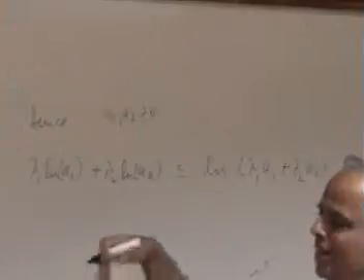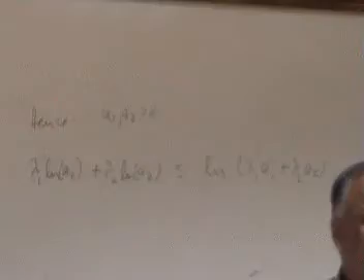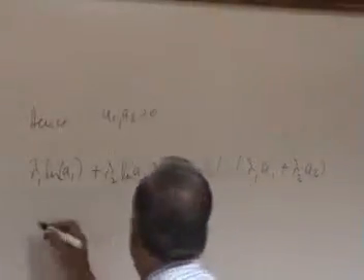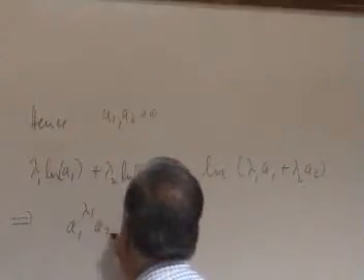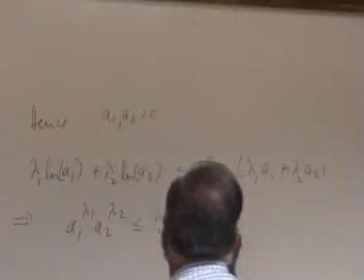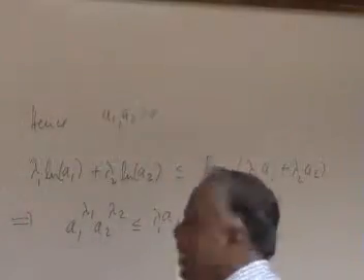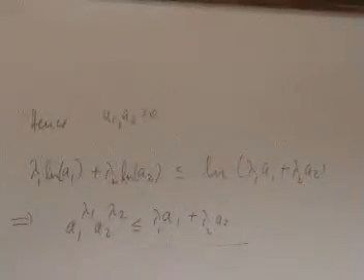Because I don't worry about the equal to 0 case, as it is a trivial case because the left hand side becomes 0. The geometric mean becomes 0. And this implies A1 to the power lambda 1, A2 to the power lambda 2 is less than lambda 1 A1 plus lambda 2 A2. So that is the weighted arithmetic geometric mean for two numbers.